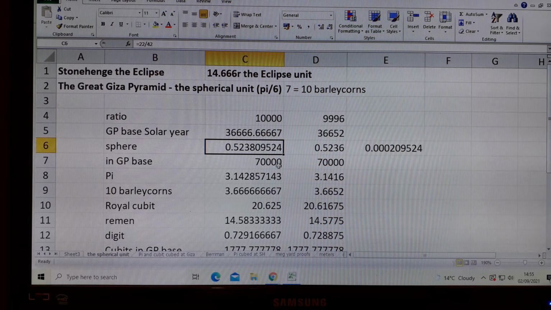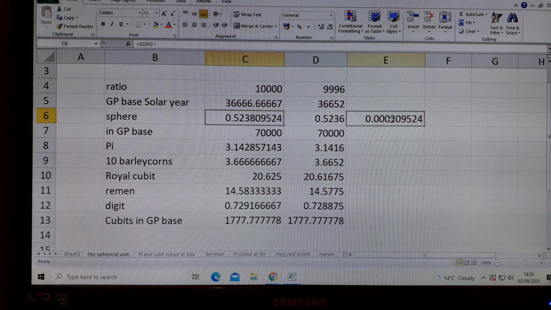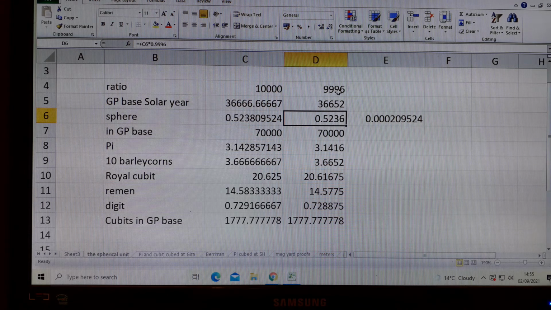But what I want to talk about first is this unit here, because when we take this spherical unit from the second one, when we're using 9996 and using pi as 3.1416, we still find that there are 70,000 of these units in the GP base. So the number of units is staying the same, but the length of the unit is decreasing, which is the new metrology.